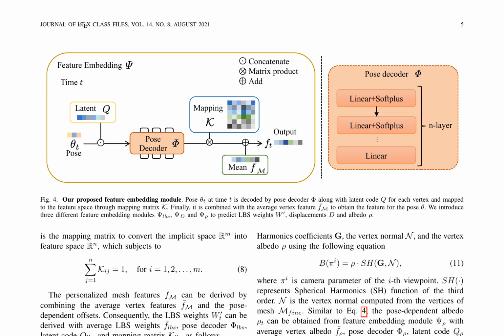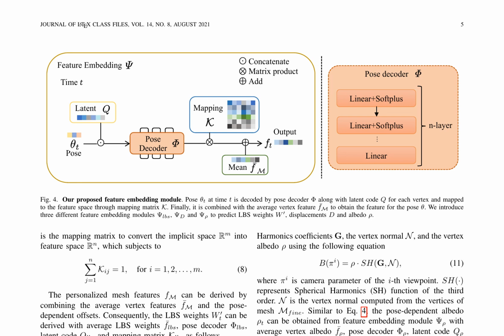The feature embedding modules allow for the interpretable acquisition of hand features corresponding to the pose theta t. The average mesh features are stored in F-M, while the features' offsets are affected by the pose theta. The training objectives are simplified by taking into account the average features constraints, leading to faster convergence and improved accuracy.